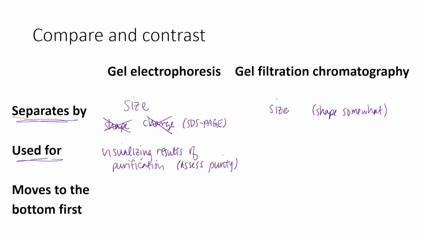Yeah, it's the actual process by which you're purifying them. So if you were going to use both, you'd probably first do gel filtration chromatography to separate out your proteins, and then you could do gel electrophoresis to see if you actually separated them the way you thought you did.